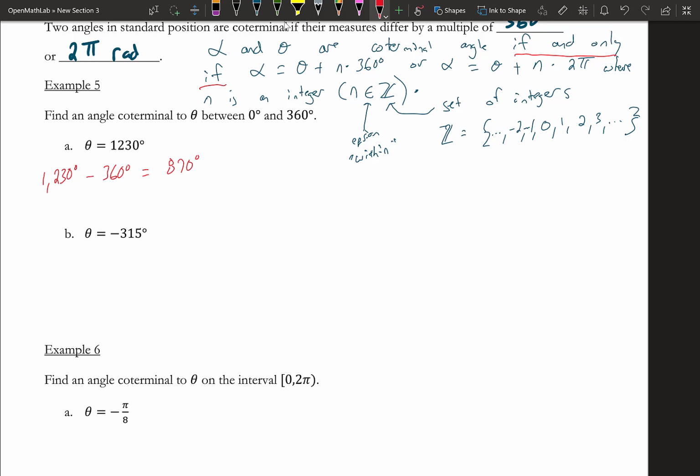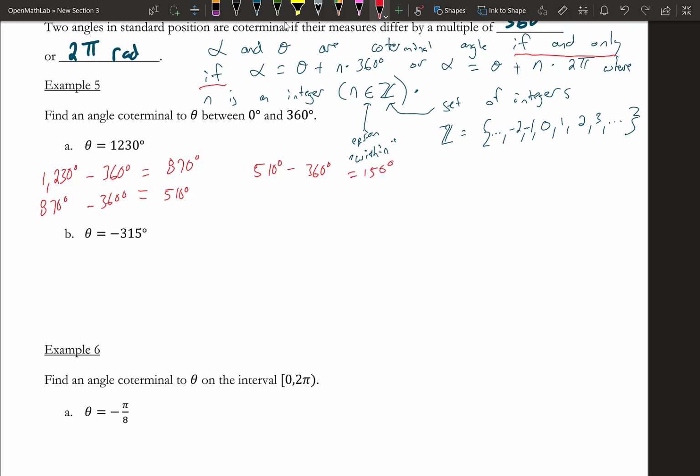Then we could take 870 degrees, subtract off 360 degrees, and we get 510 degrees. Then we could take 510 degrees, subtract off 360 degrees, and we get 150.